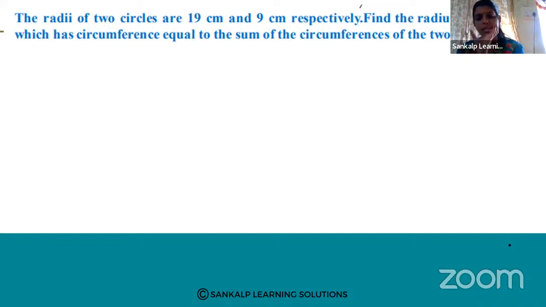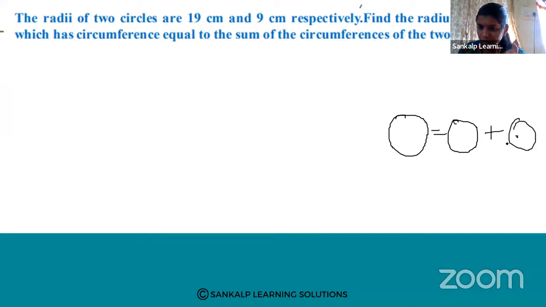So the areas of those two circles were equal. But here, the circle which has circumference equal to the sum of circumference of two circles. That means one big circle is there. So this big circle is equal to the circumference of two circles.